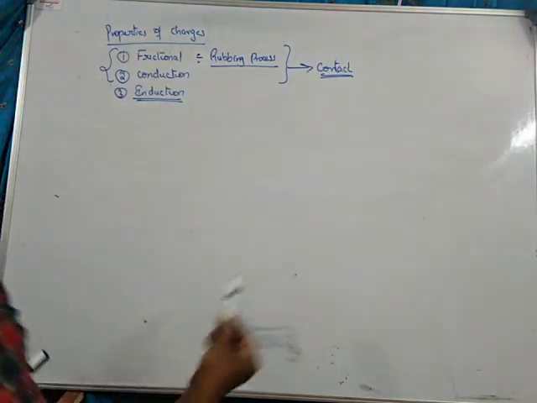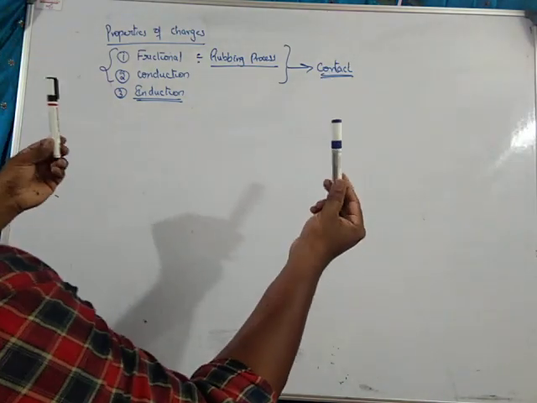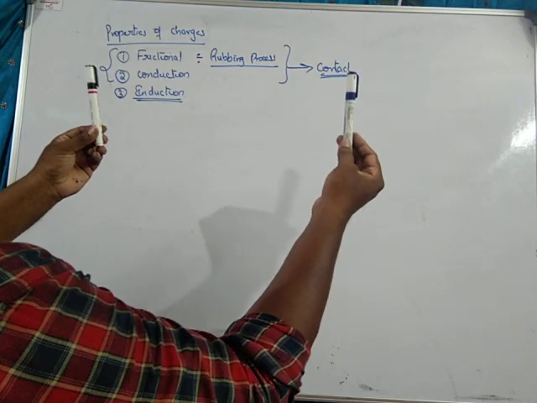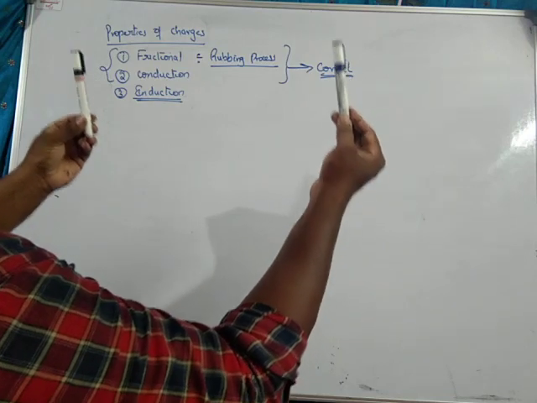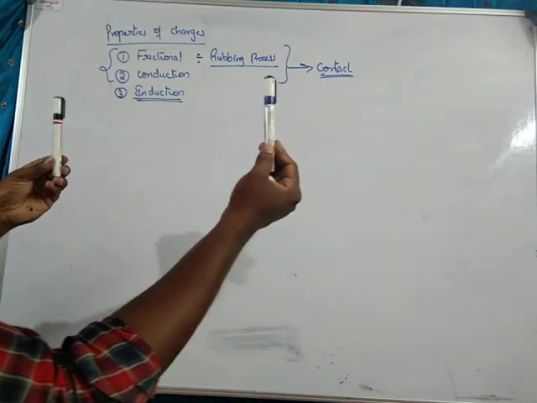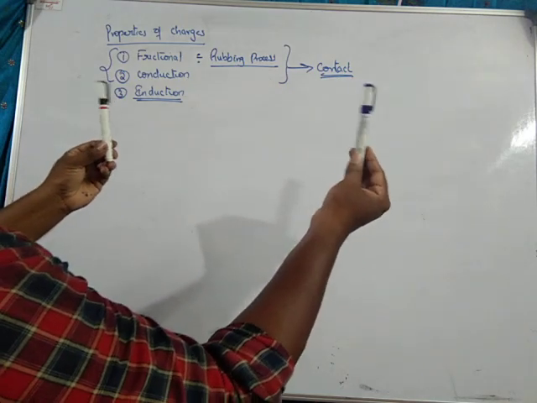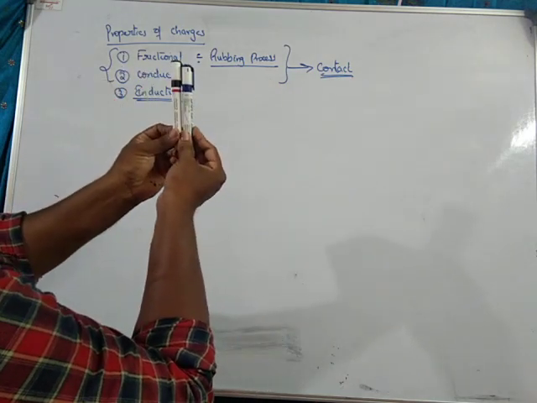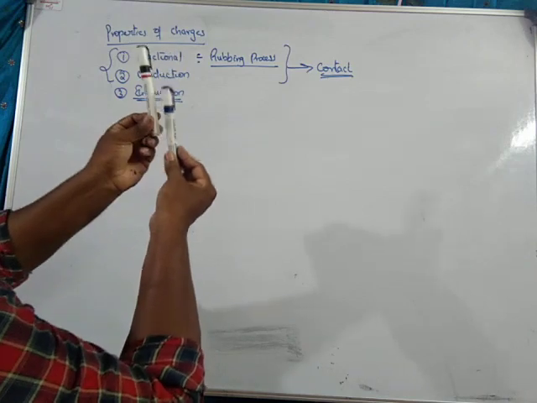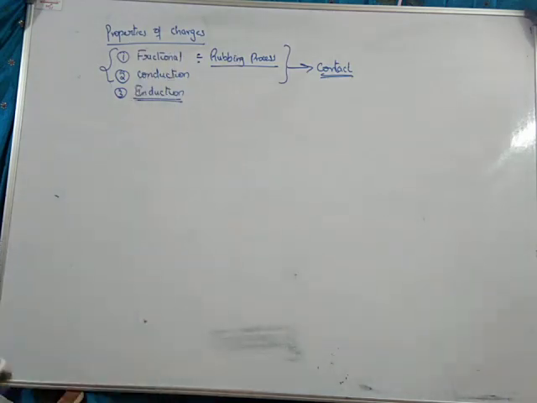Suppose if you consider the frictional force, here we have an atom A, here we have an atom B. Whenever atom A and atom B remain in the same position, there is no transformation of electrons. But whenever we bring them together, we are making a contact where we are applying some frictional force. Then only we get the concept of rubbing.